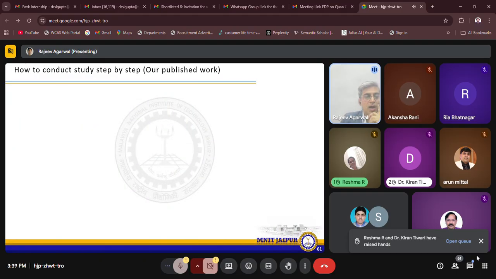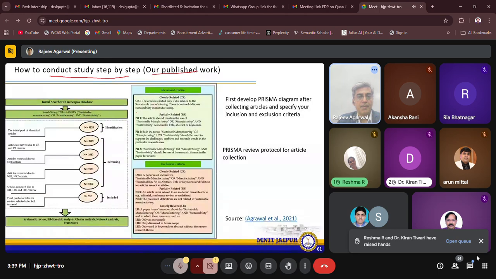Now I will be explaining how we have conducted research in our published work. So how we have actually used this, this is one of the papers published in 2021, where we started with the Scopus database.